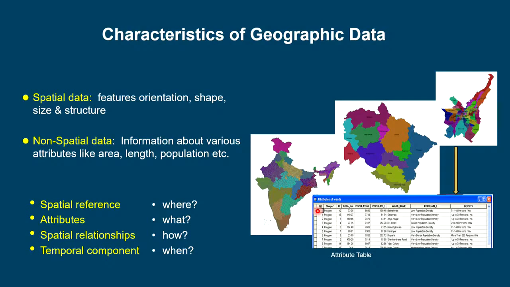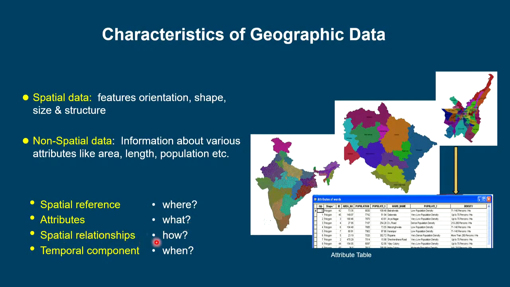or you can store different types of information in different columns, and this is basically called the non-spatial data set. More than that, we can also relate the data set with a spatially referenced or geographically referenced data set, so that you can know which area this particular feature belongs to, or where it is on the earth surface. That spatial reference facility is there in GIS systems, and the attributes you can assign tell what that particular polygon, line or point feature is.